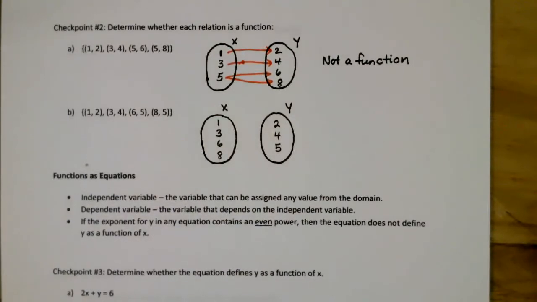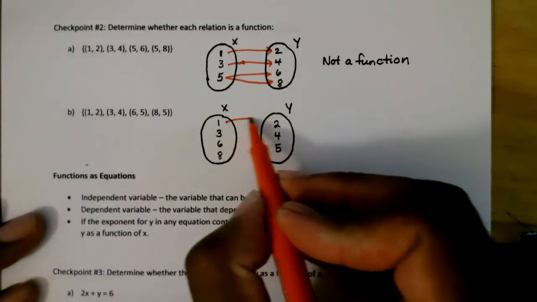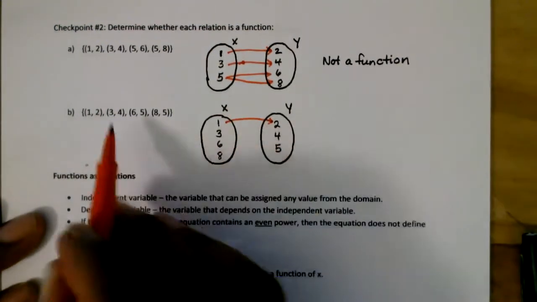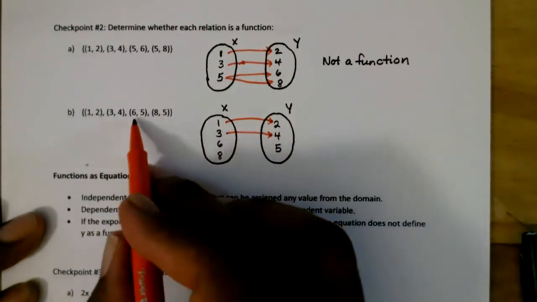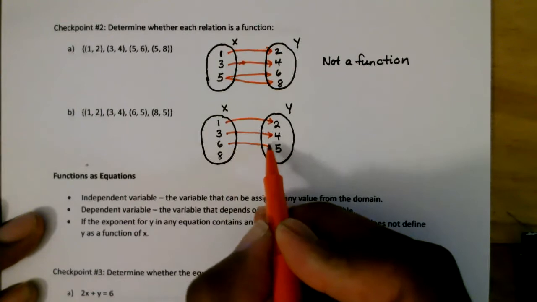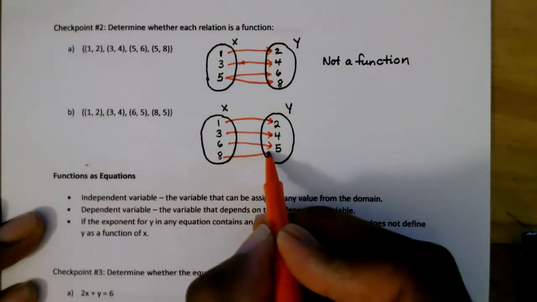And then draw arrows from x to its corresponding y value. 1 is paired with 2, so 1 goes to 2. The 3 goes to 4. And then 6 goes to 5. And also 8 goes to 5.